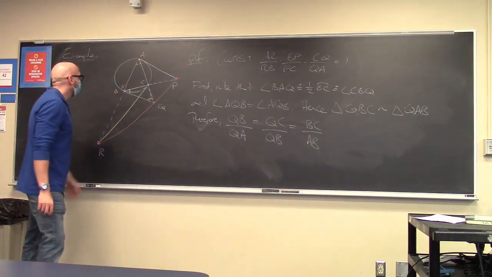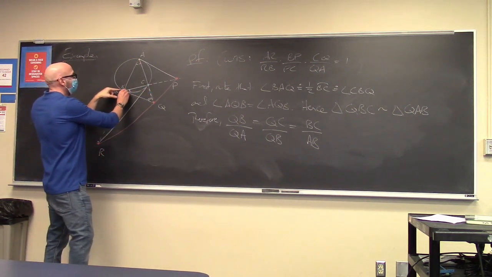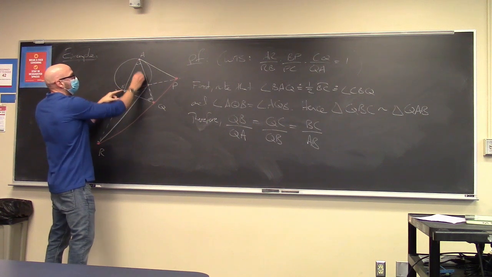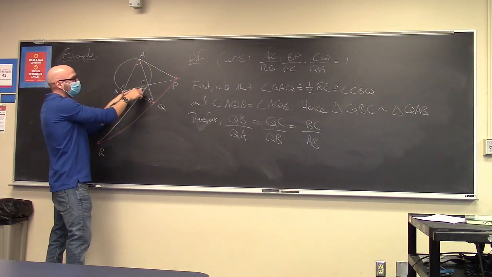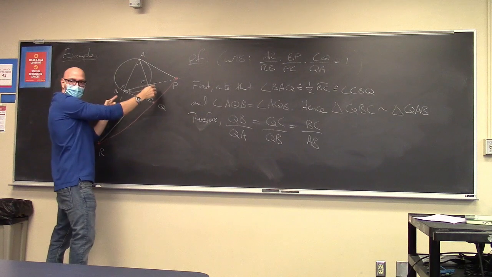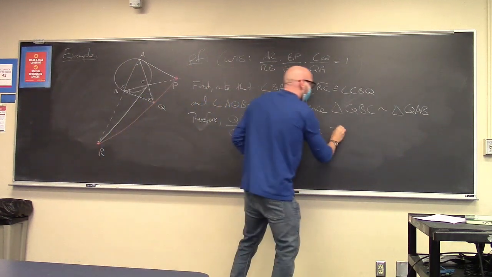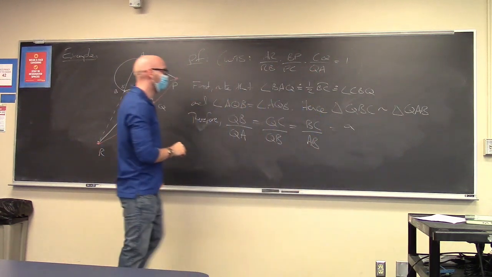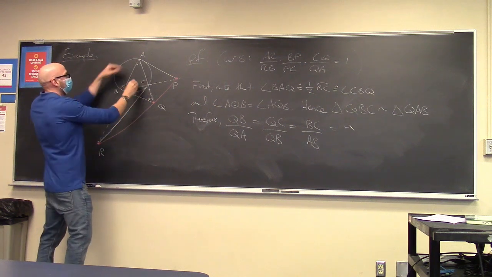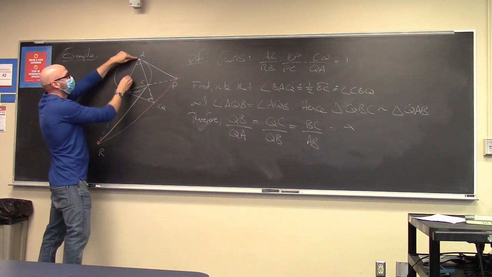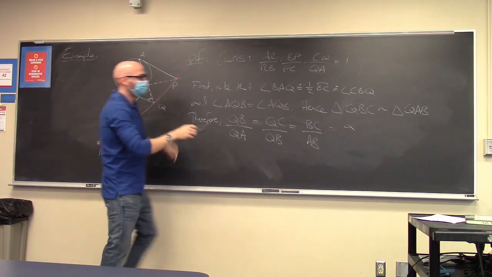What is BC over AB though? BC is a side of the actual triangle, right? We usually call this side length, since it's opposite angle A, we usually denote that with little a. Right, so that's little a. And side length AB, that's opposite angle C, so that has side length little c.